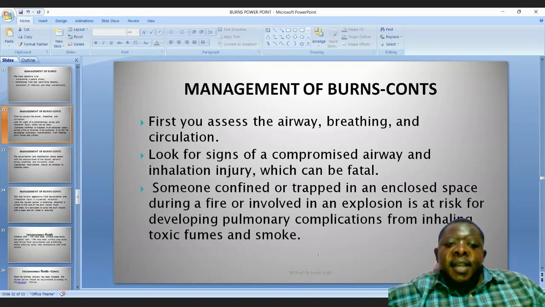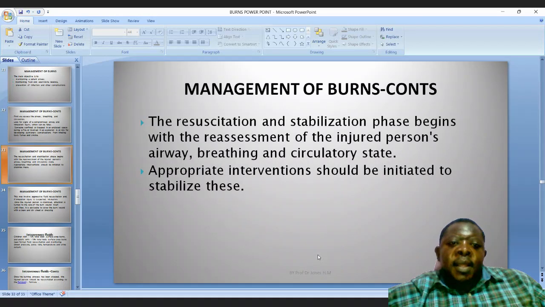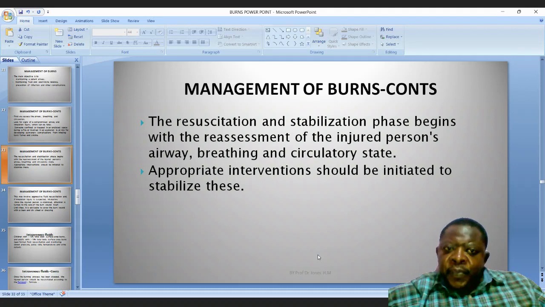The resuscitation and stabilization phase begins with the reassessment of the injured person's airway. So here we are still emphasizing the ABC of emergency management: airway, breathing, and circulation. Appropriate intervention should be initiated to help the patient stabilize. It may also involve aggressive fluid resuscitation.